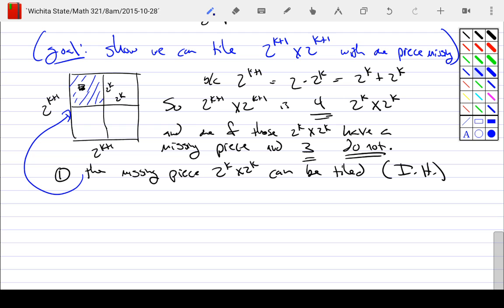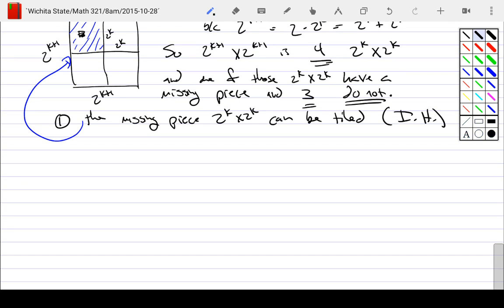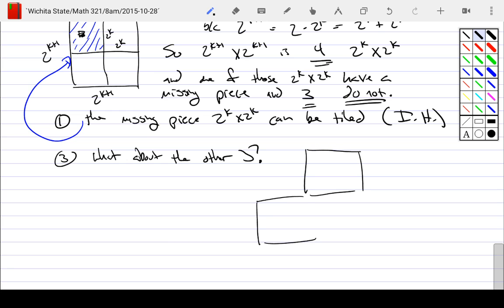So what I'm going to notice is, what about the other 3? Those look like a big giant L. Every one of which is a 2 to the k by 2 to the k. The inductive hypothesis says that they have to be missing a piece to be able to tile them.